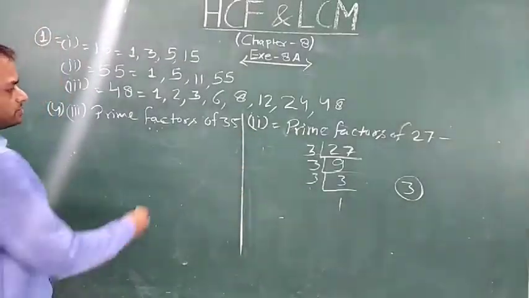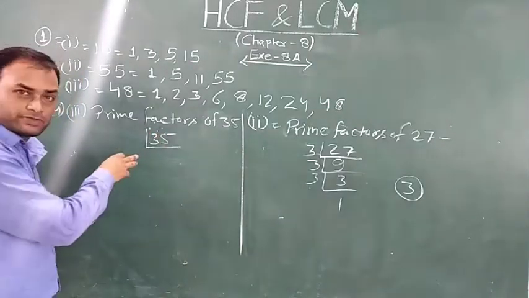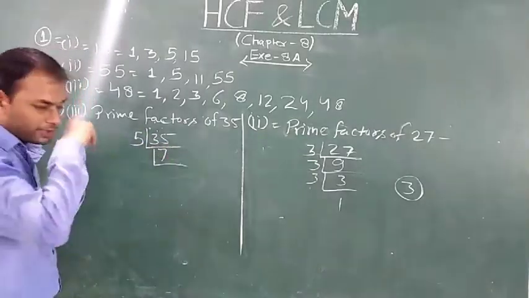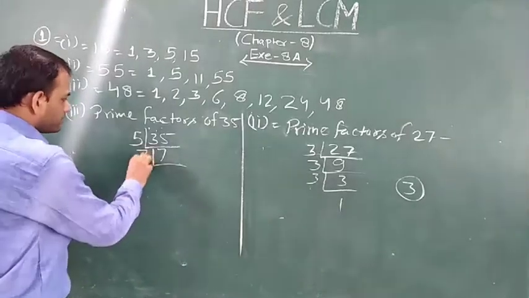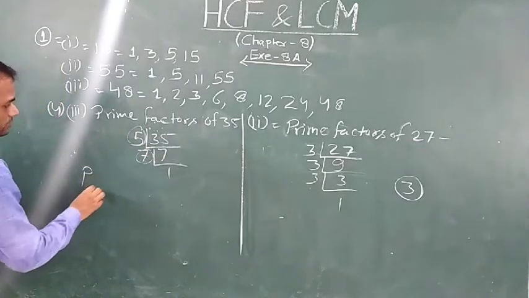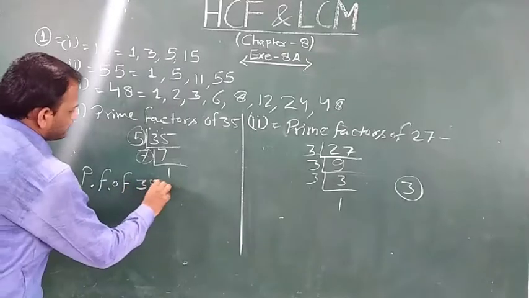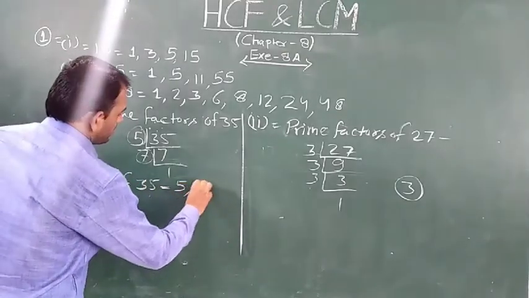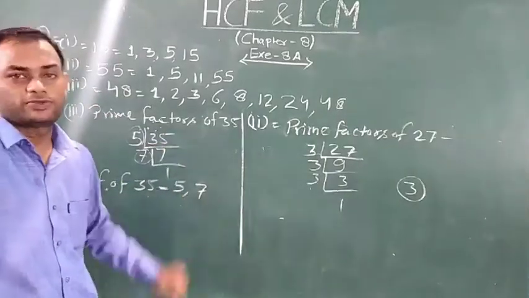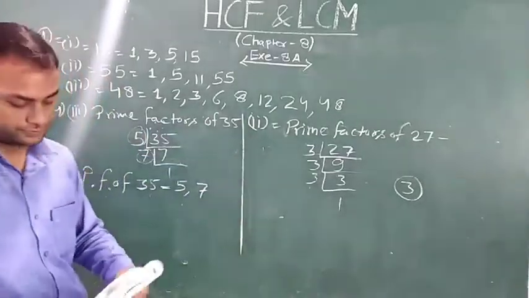We will use this method. 35 is divisible by 5. 5 7s are 35. Now 7 is divisible by 7, 7 1s are 7. So you can see here the prime factors of 35 are 5 and 7. In this way you can find the prime factors of a given number.